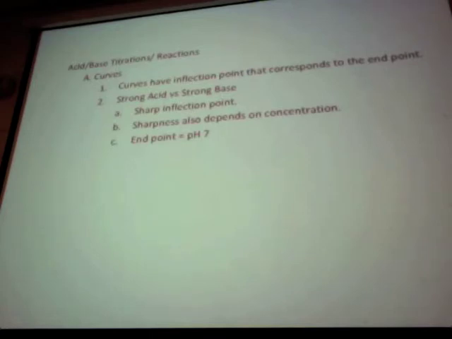Because your sample is acid to begin with, the pH will be less than 7. It's going to go like this, and then you have excess hydroxide, which is alkaline.